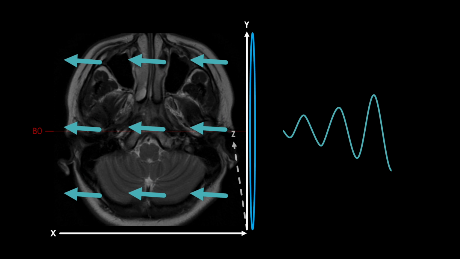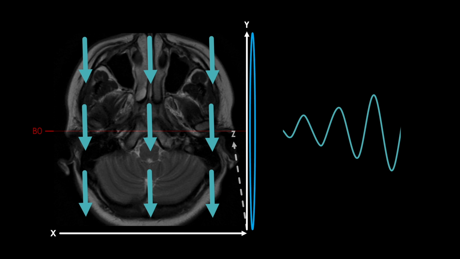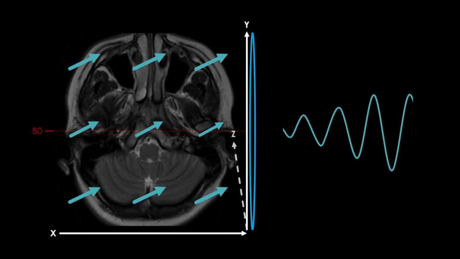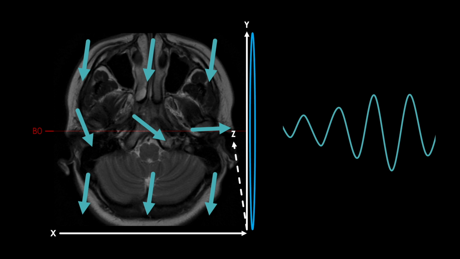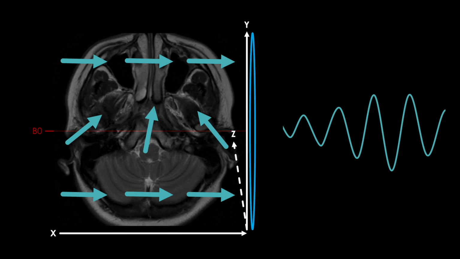Eventually catching up with the other spins to produce the maximum signal of our echo, and then once again getting further and further ahead of the rest, eventually leading to more and more dephasing until loss of signal.